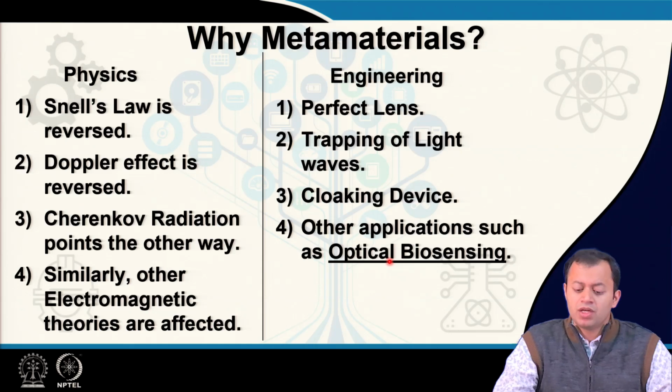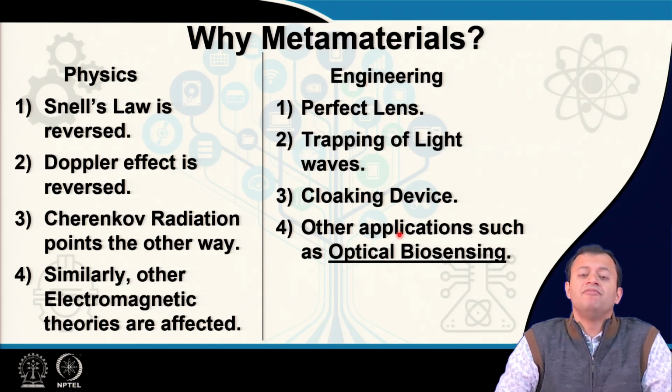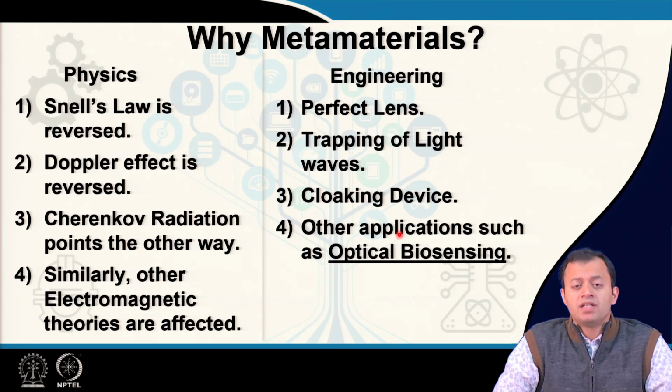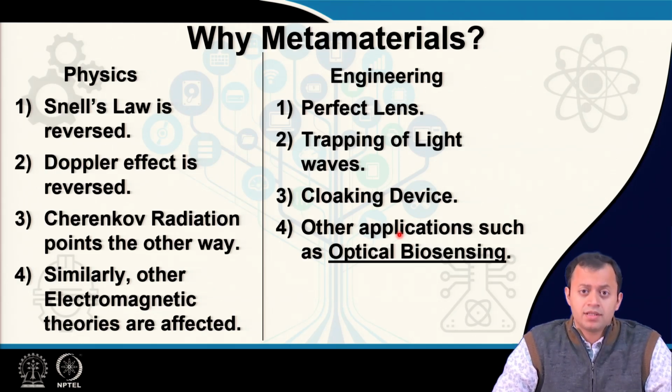So, if we are trying to see some kind of an effect in the visible frequency range, where light is, the wavelengths are 400 nanometers to 800 nanometers roughly, then we have to make materials of sizes smaller than that.